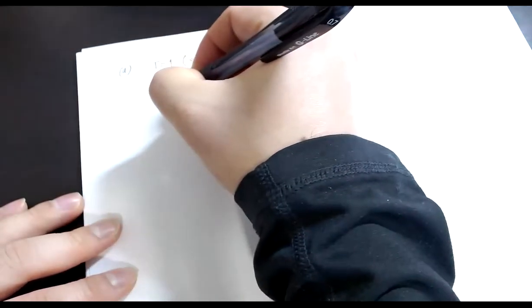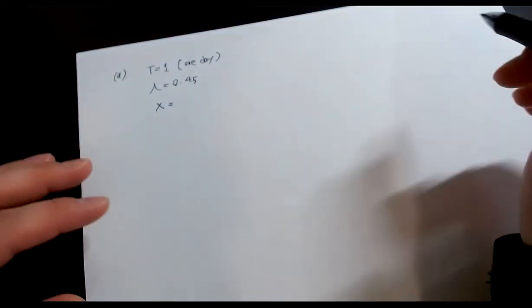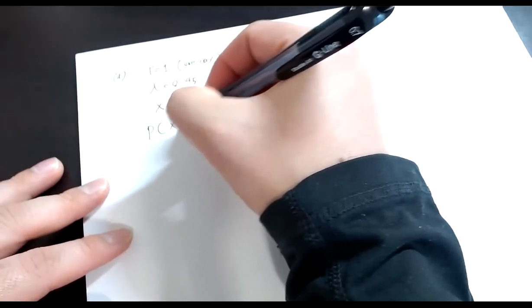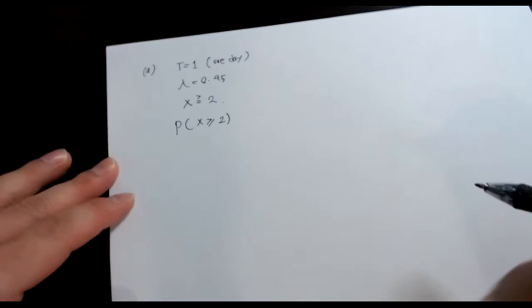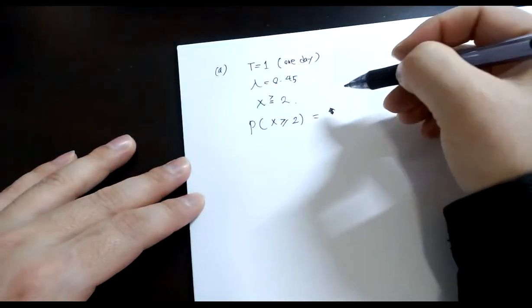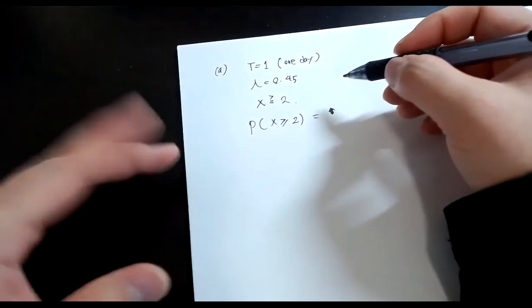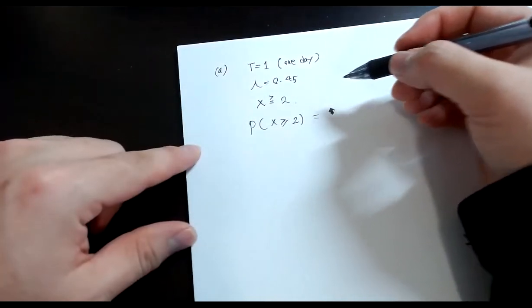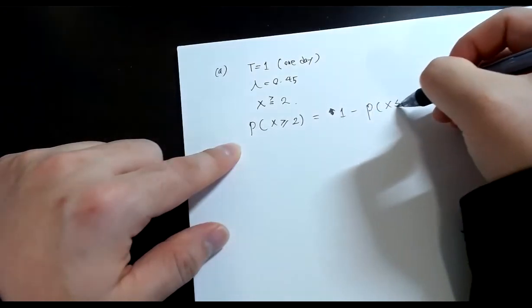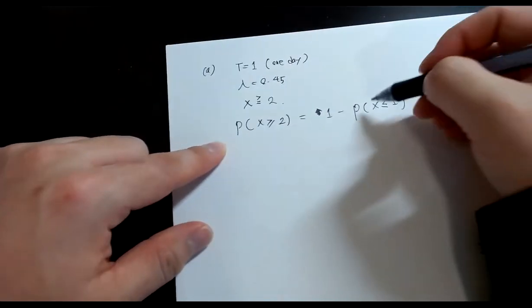Here x is 2 or more changes, so x must be greater than or equal to 2, right? So we need to figure out the probability that x is greater than or equal to 2. We need to rewrite that probability as 1 minus the probability that x is less than or equal to 1, right?